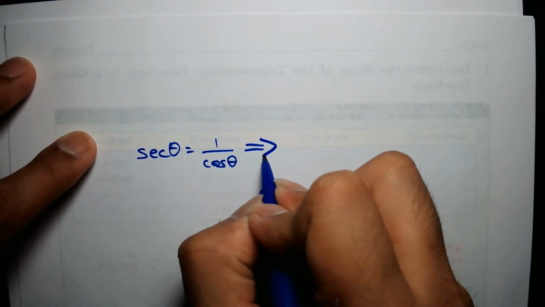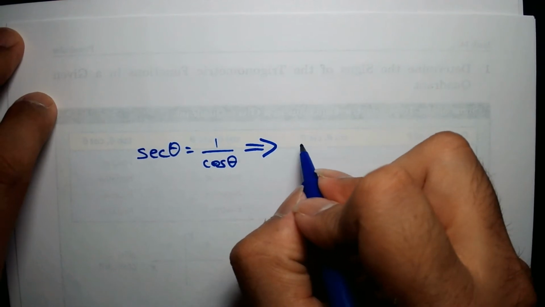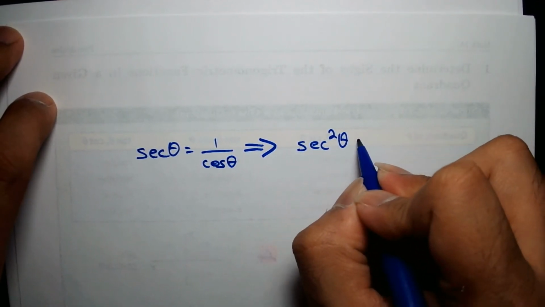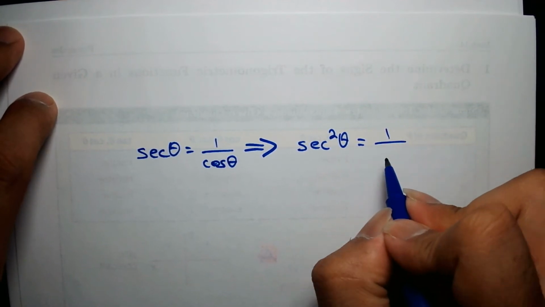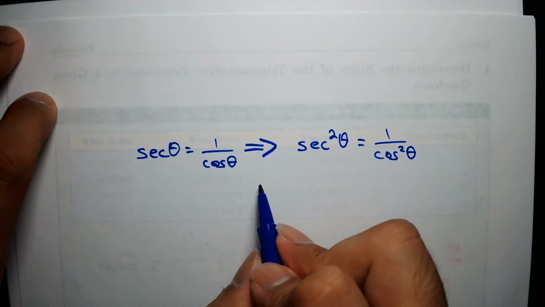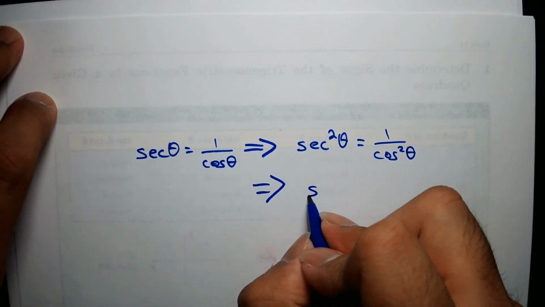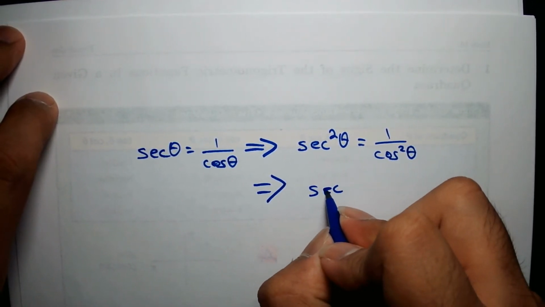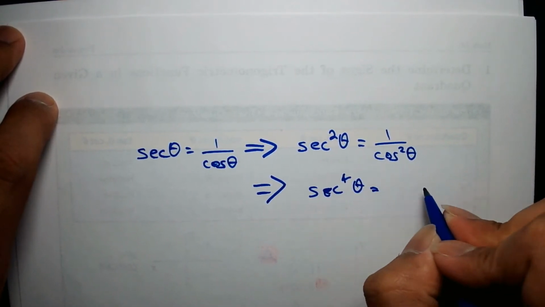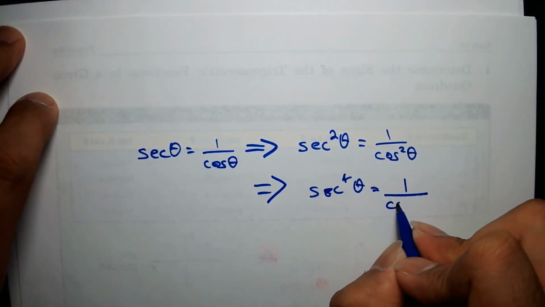It is also true, this holds true for secant squared theta equals 1 over cosine squared theta, or even more for secant to the 4th power, for example, or to the 7th power, to your favorite power.